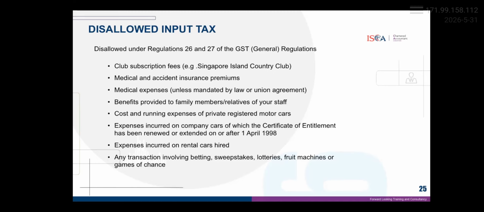This includes club subscription fees, medical and accident insurance premiums, medical expenses, unless it is mandated by law or union agreement, benefits provided to family members and relatives of your staff, costs and running expenses of private registered motor cars, expenses incurred on a company's car of which the certificate of entitlement has been renewed or extended on or after 1st April 1998, expenses incurred on rental car hired, any transaction involving bettings, sweepstakes, lotteries, fruit machines, and games of chance.